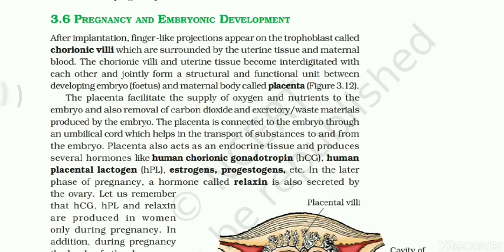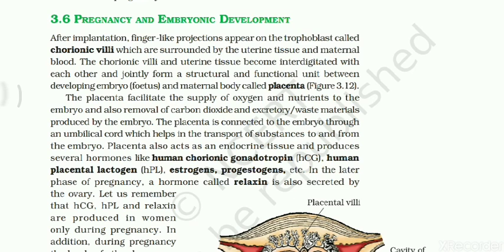Okay, so interdigitation takes place between the chorion, which is the outer layer of the growing embryo, because we have four kinds of extra embryonic membrane: chorion, amnion, allantois, and yolk sac.